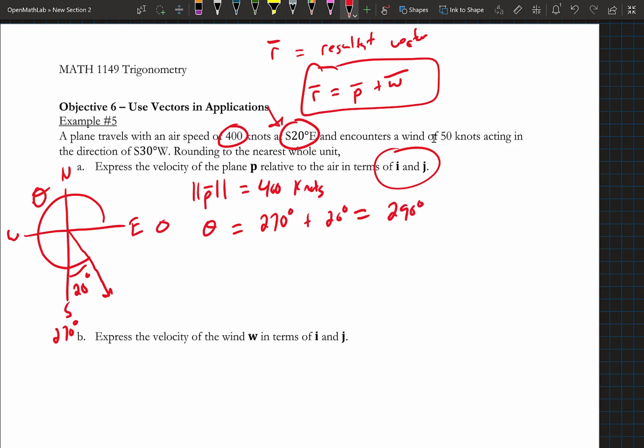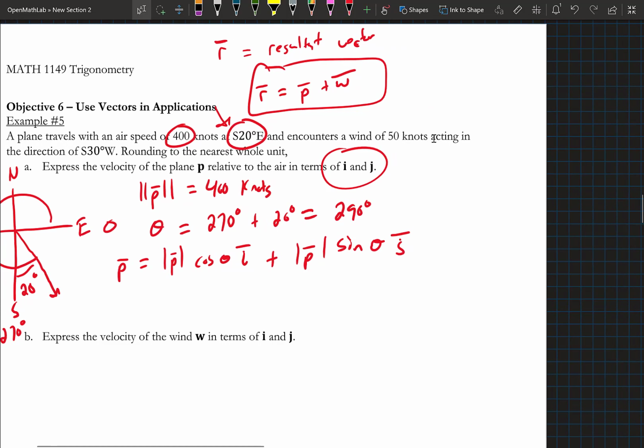So now that I know the magnitude of vector p and I know theta, I can now find the vector. So the vector p is going to be equal to the magnitude of p times cosine theta times vector i plus the magnitude of p times sine of theta times vector j.